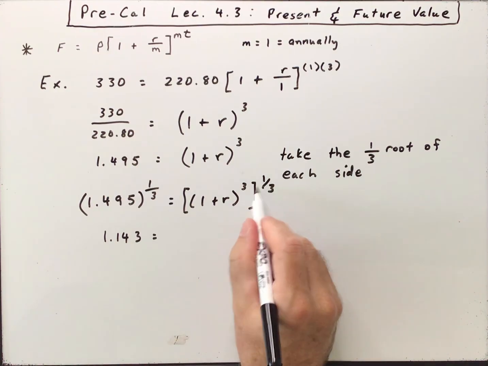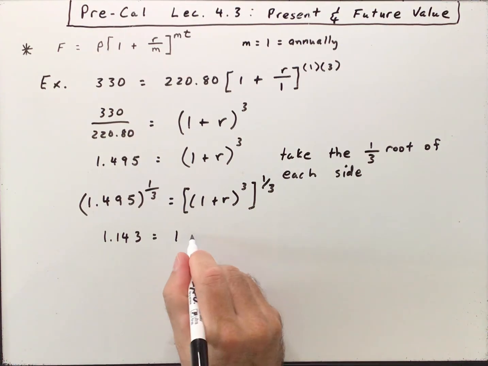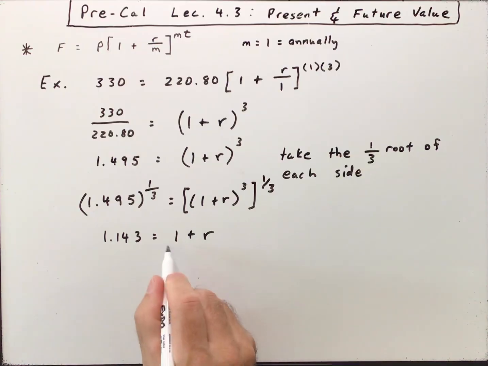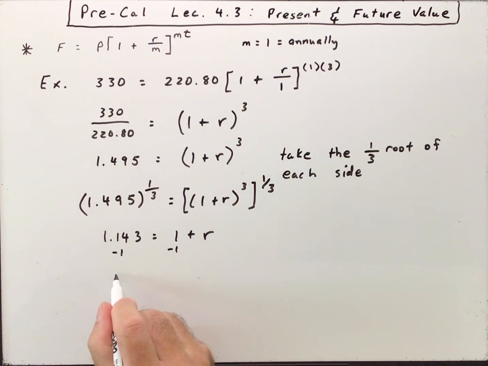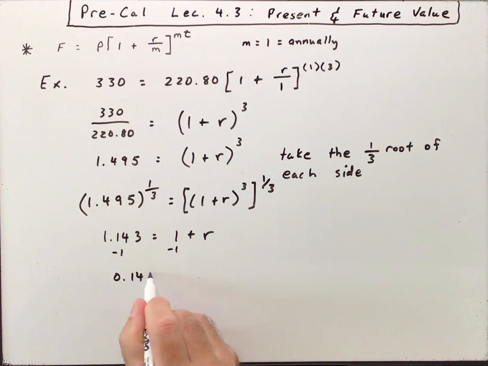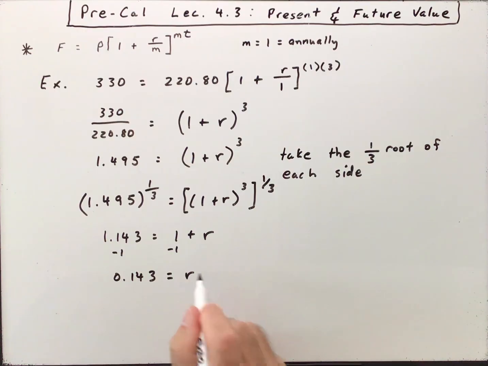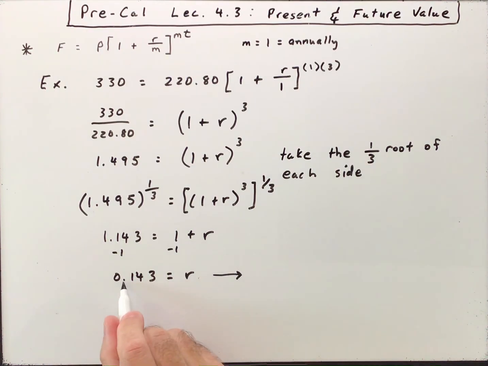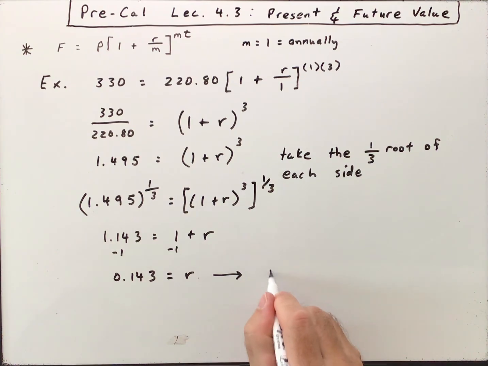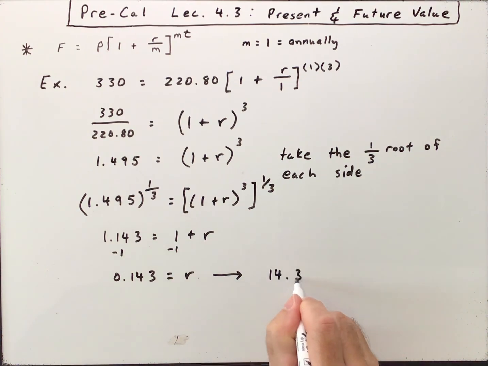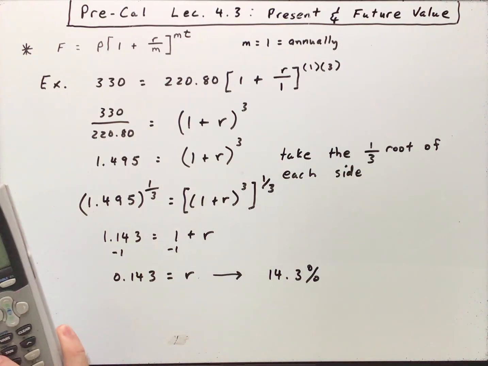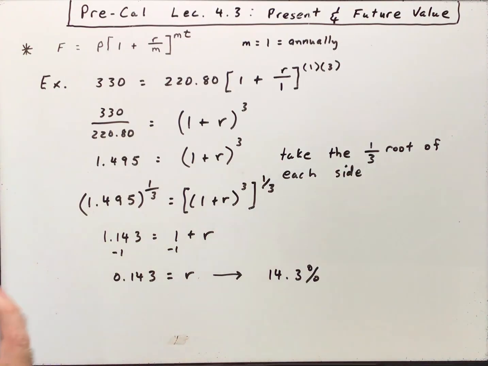And then the 3 and the 1/3 cancel out when you multiply, is equal to 1 plus R. So subtract 1 from both sides. You get 0.143 is equal to R. So changing that to a percent, move the decimal place 2 places to the right. That's going to be 14.3%.